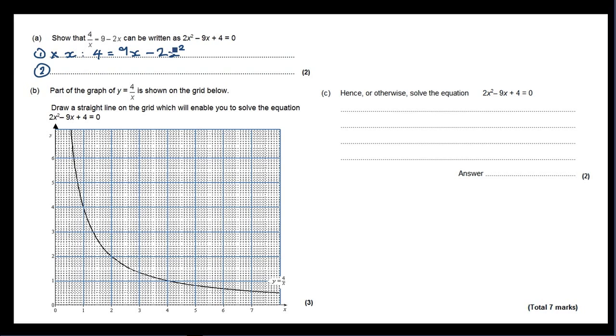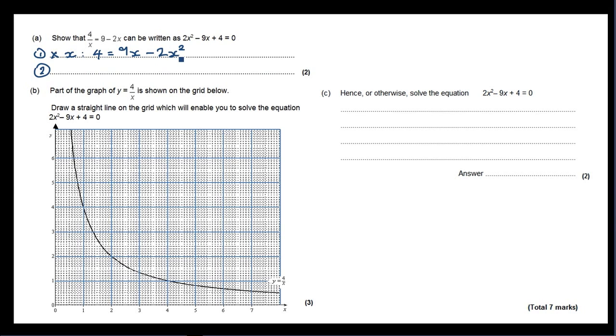Second step, we're going to be moving all of these terms over onto the left hand side to join the 4, leaving just 0 on the right hand side. So how do we do that? Well, let's do it in 2 stages. Let's add 2x squared on both sides.